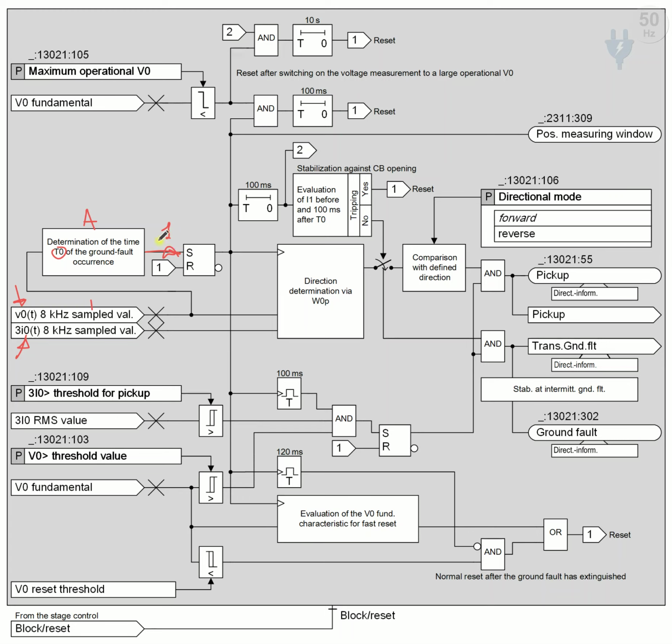Then when the S terminal is supplied with a high value of 1, it gives an output on Q, and this terminal is, we know, Q dash.